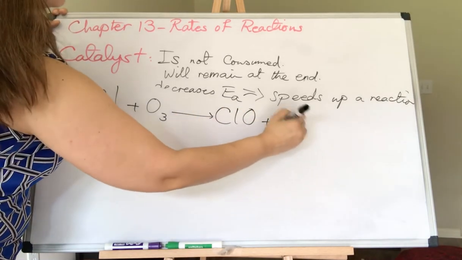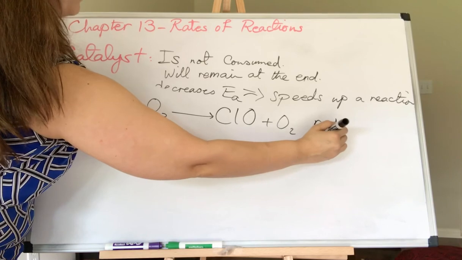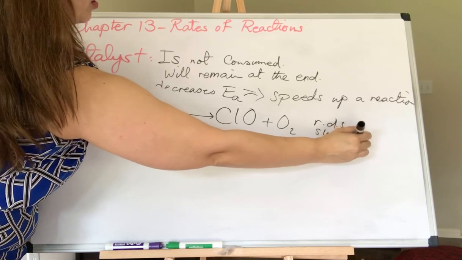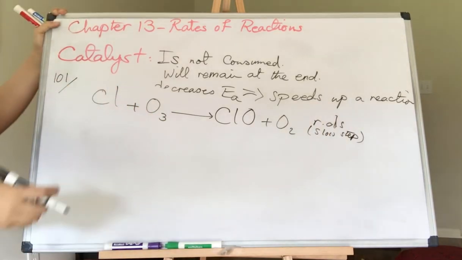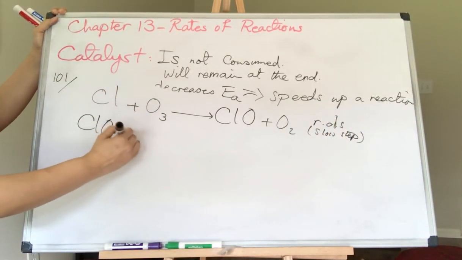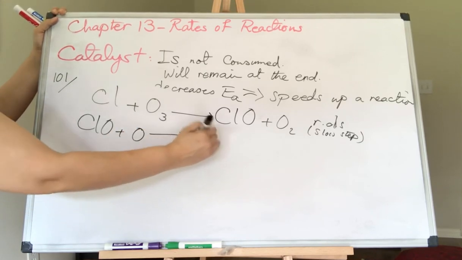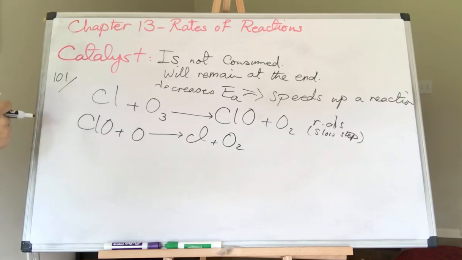Plus O2. This is your RDS or slow step. And the second one is ClO plus O gives Cl plus O2. What is the overall reaction equation?